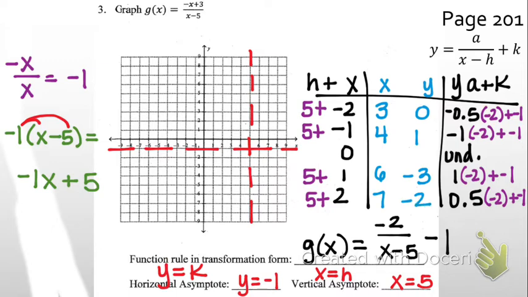Okay, so let's go ahead and plot these points. So this is going right 3, and this goes here. So it's really close, and it goes straight up. And on the other side, 6 down 3, 7 down 2, and it would look like that.